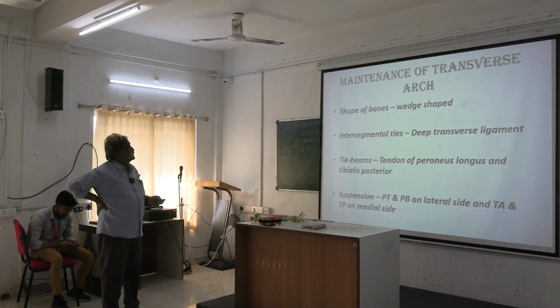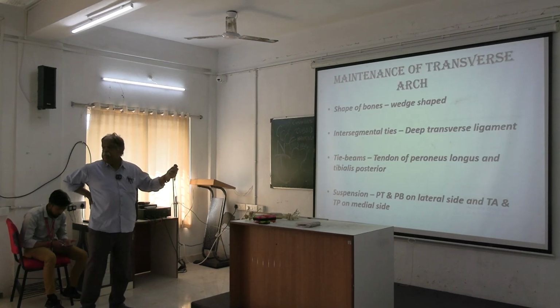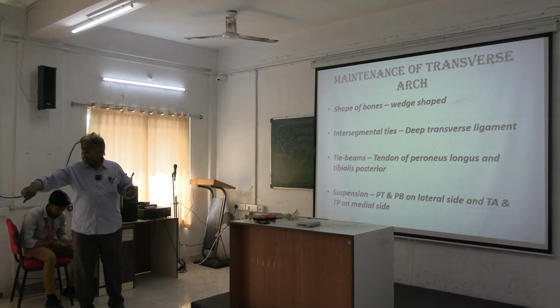Maintenance of the transverse arch: shape of bones, wedge shaped; intersegmental ties, deep transverse ligament; tie beams, tendons of peroneus longus and tibialis posterior; suspension, peroneus tertius and peroneus brevis on the lateral side and tibialis anterior and tibialis posterior on the medial side. I showed you in the previous slide where tibialis anterior is going, tibialis posterior is going.